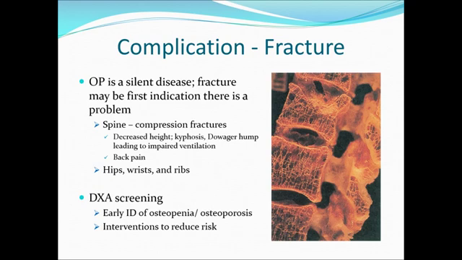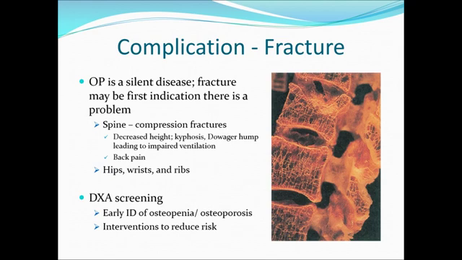Ideally, we're all about preventing complications, but unfortunately, osteoporosis is a silent disease, and fracture may be the first sign that there is actually a problem. Okay. Again, we were focusing on the spine and the hips, wrists, and ribs. The spine, we're talking about compression fractures.